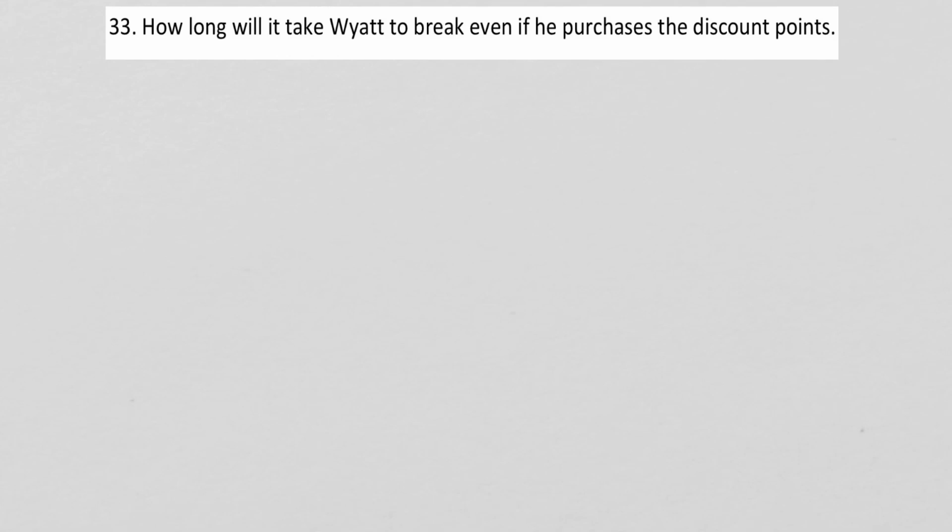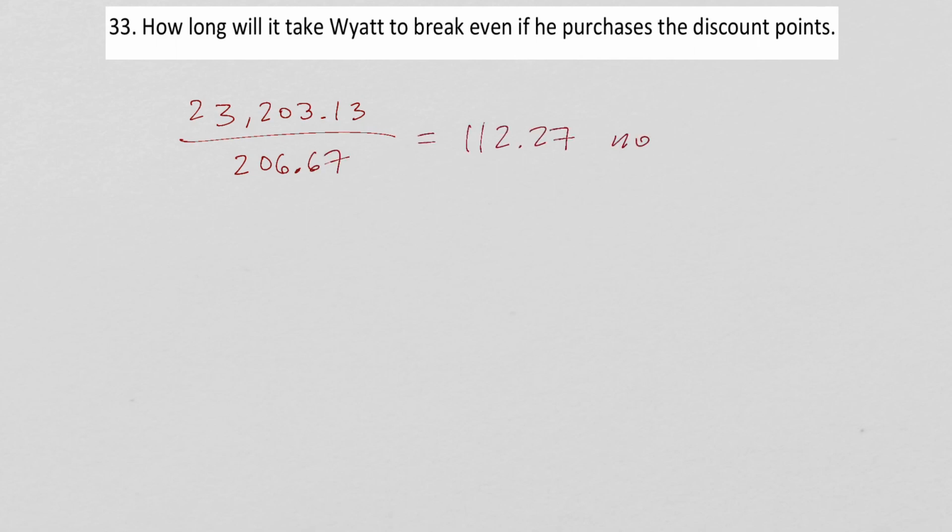Okay, how long will it take us to break even? Well, we take the amount of money, $23,203.13 is the cost of the points, divided by our savings every single month, and this comes out to 112.27 months, which is 9.36 years, which is 9 years, 4.27 months.